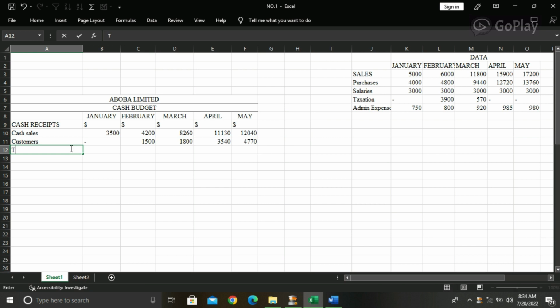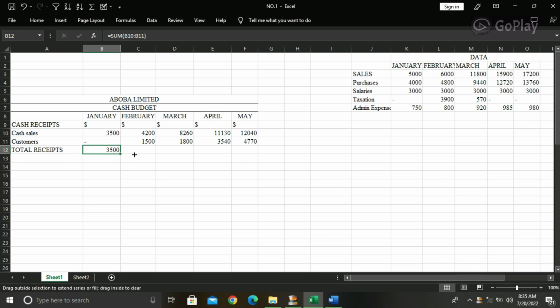So we have total receipts. What I'm going to do is to sum the total of the two rows. That's the cash sales and then the money received from our credit customers. I'm going to use my Excel to do this summation.